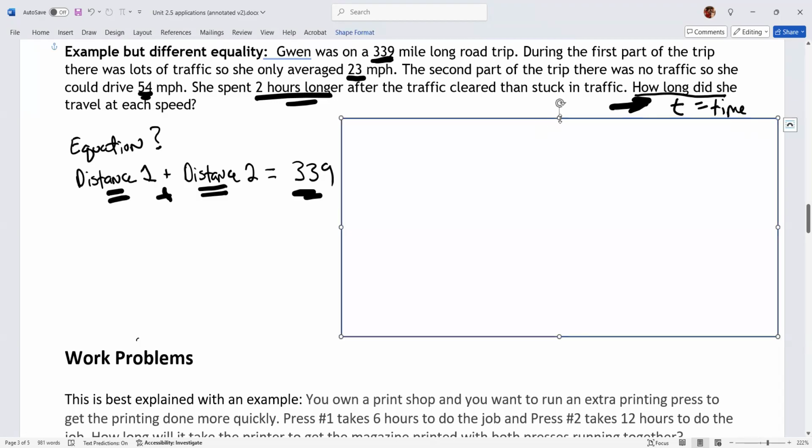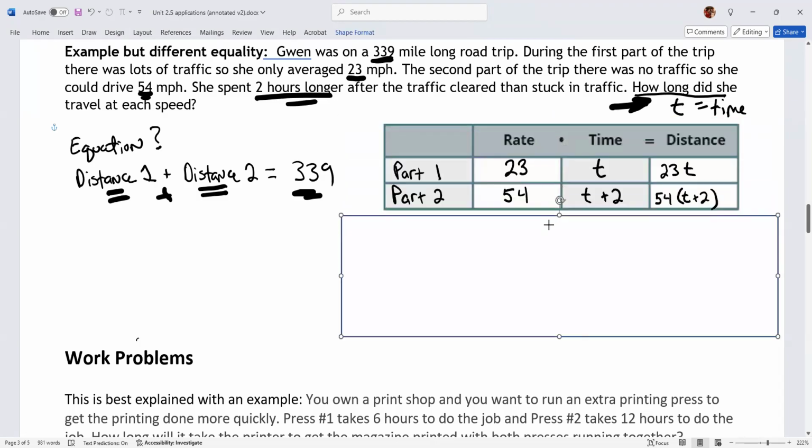Okay, so let's take a look at what we can put into our chart. What were we given? We were given the rates. So you can see that in part one, her rate was 23 miles per hour. On part two, she sped up to 54 miles per hour. The amount of time she spent, we don't know exactly.